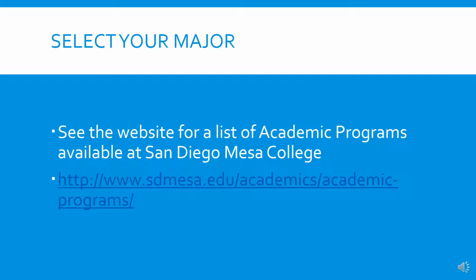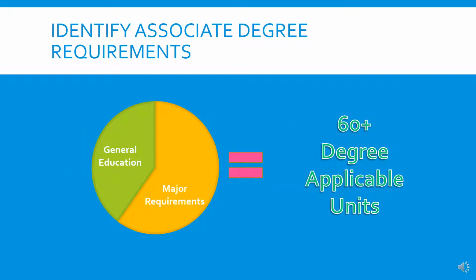And I will also be showing that in a different presentation after this one. In order to complete an associate's degree at Mesa College, you also need to have 60 or more degree applicable units. And those 60 units are going to consist of two main areas: general education and major requirements.